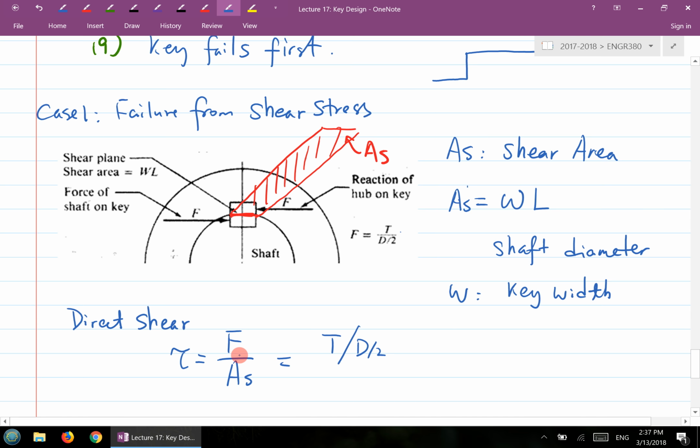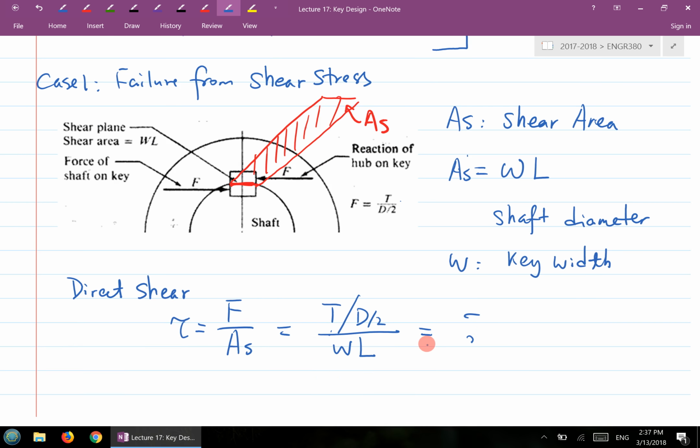And AS is W times L. With a little simplification, you get 2 times T over D W L. That's the direct shear on this area.